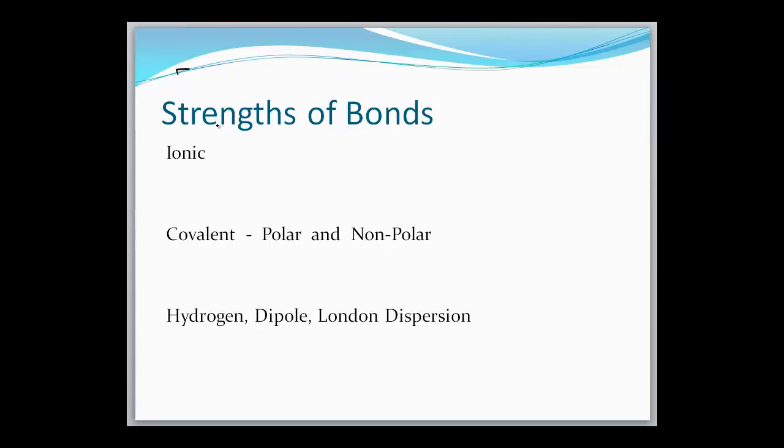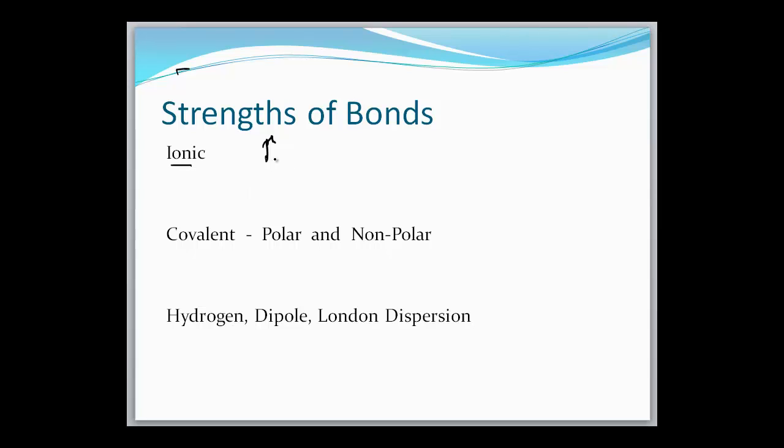Okay, so in terms of strength of bonds, typically we say that ionic bonds are the strongest bond. In other words, they have the highest melting point, the highest boiling point. The reason for that is to get something to melt or boil, you need to break apart the interactions between the compounds, or ions in this case.